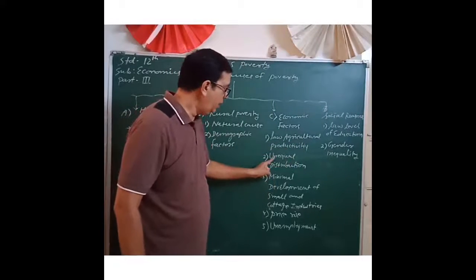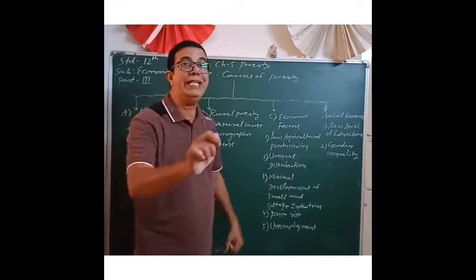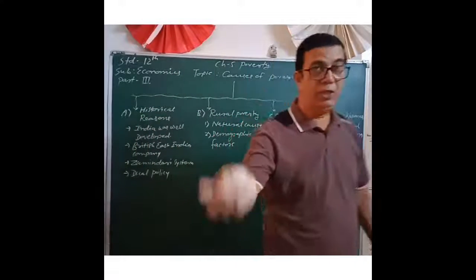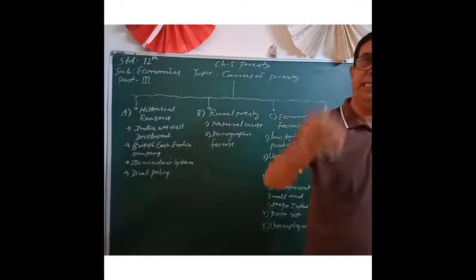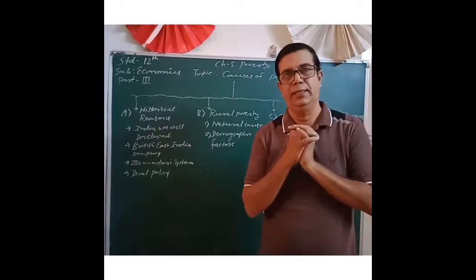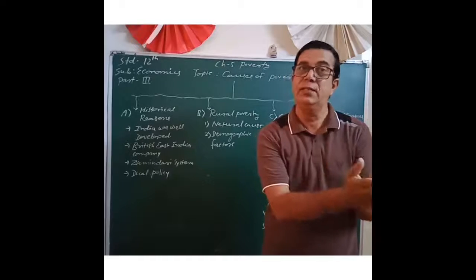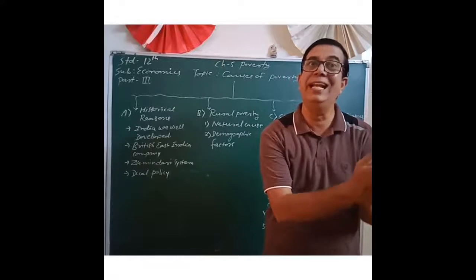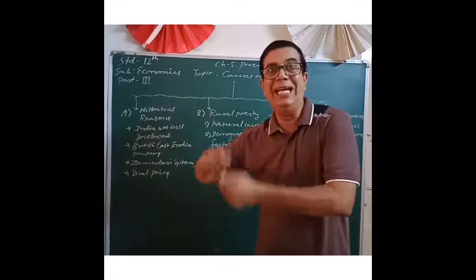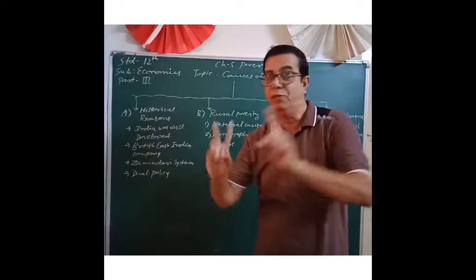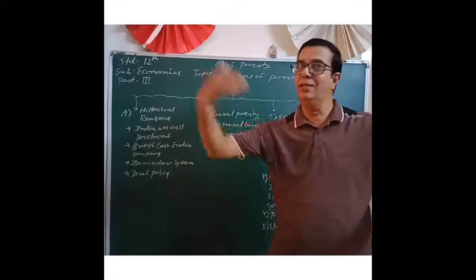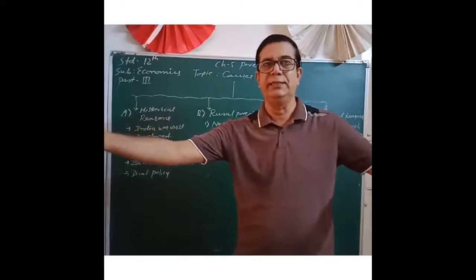Second one, unequal distribution of income and property in the rural area. One side zamindar, that means landlord. Other side farm worker or tenant. One thing you remember, one side landlord, other side farm worker.